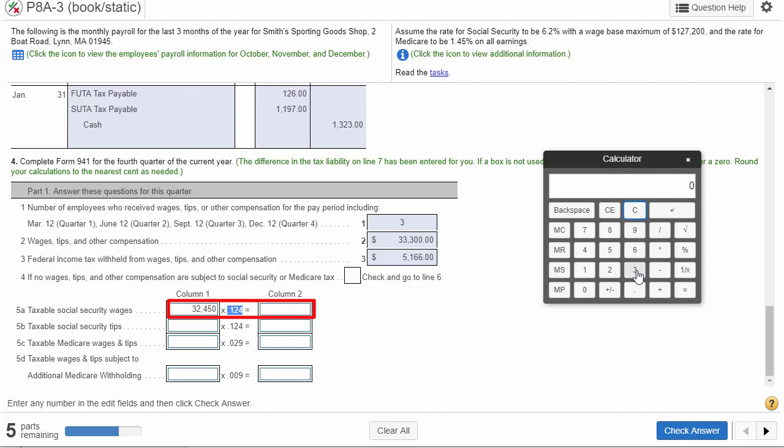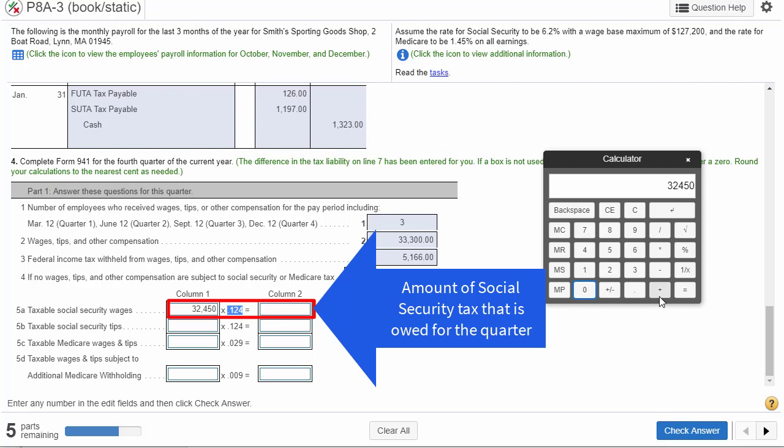So we're going to clear this. 32,450 times 0.124 equals 4,023.8. Now, of course, the alternative calculation, you just go 32,450 times 12.4, and hit the percent key, which gives you the same number.